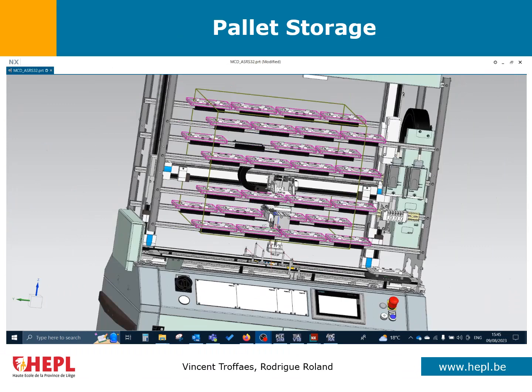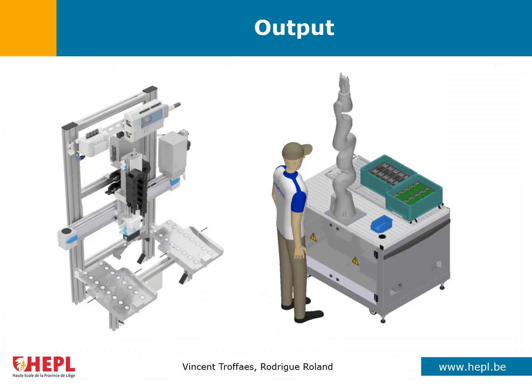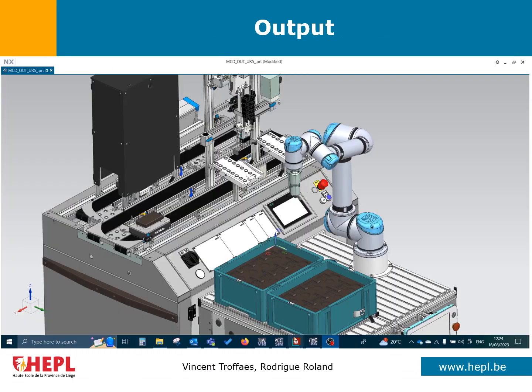And finally, we simulate the output station. So we have a gripper collecting the final product, the smartphone, and the collaborative robot picking the product to store it in the box. So the x-axis is driven by a Festo controller. We had to simulate its behavior in MCD. For the gripper, we use the same as for the storage station.